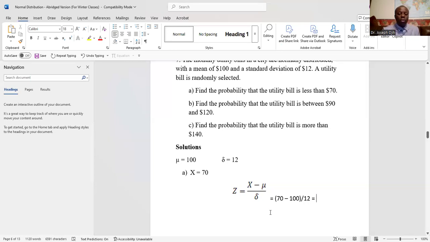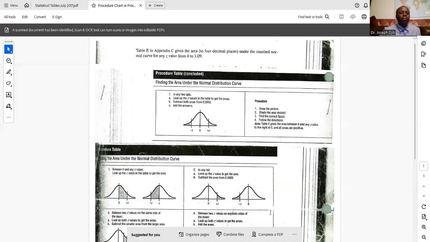So you can go to our calculator, the Desmos calculator. Now, let me share Desmos here.